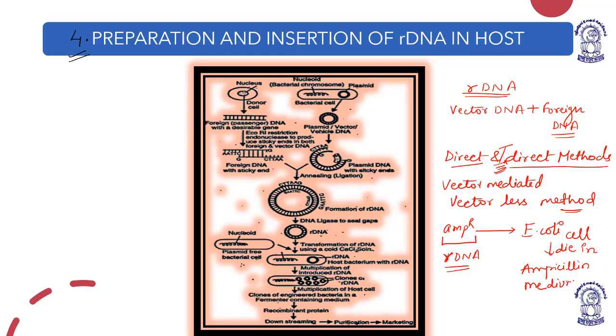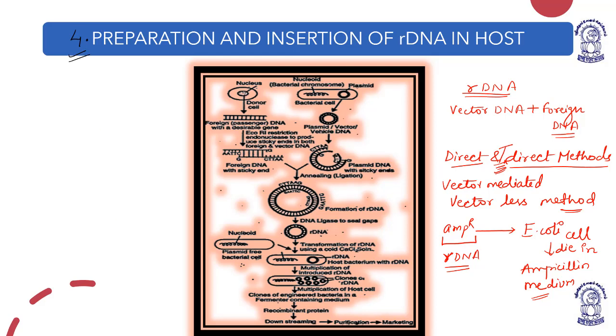It means the ampicillin resistant gene produces a protein which destroys the ampicillin, or makes the ampicillin non-functional. So in this way our rDNA basically works.